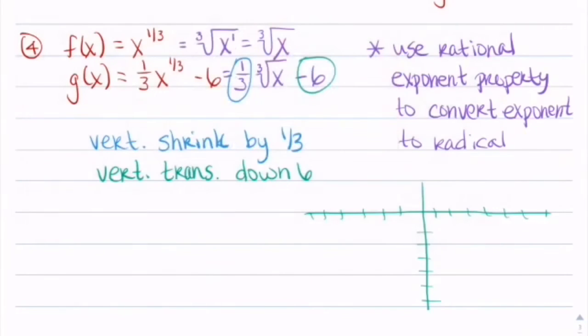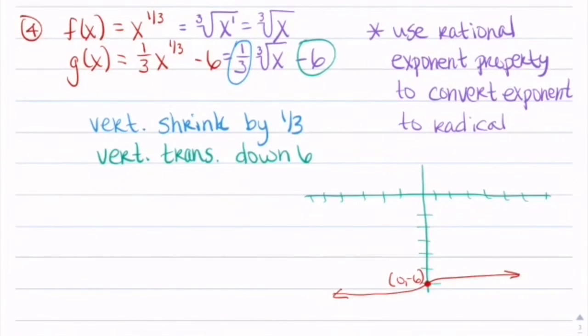We said that our center point was down at -6, and we have a fairly flat graph. So it's still kind of an S shape, but it's pretty flat here, something like that. And again, our center point being 0, -6.